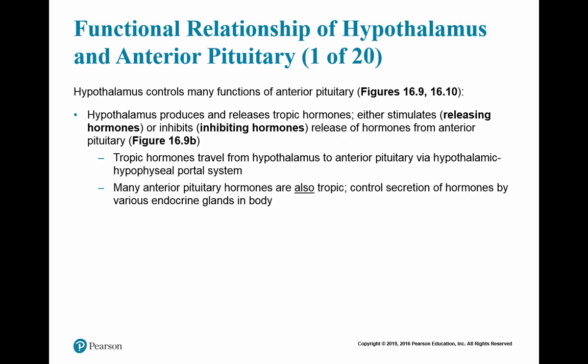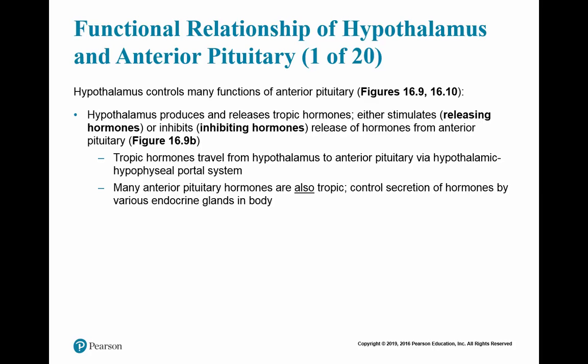Well, the hypothalamus can send releasing hormones to the anterior pituitary and tell it you need to release this hormone so that it causes this effect in another cell. It can also send an inhibiting hormone to the anterior pituitary saying stop releasing that hormone.